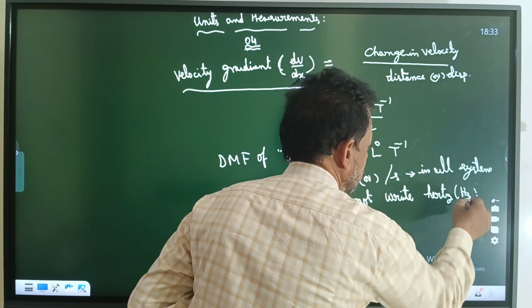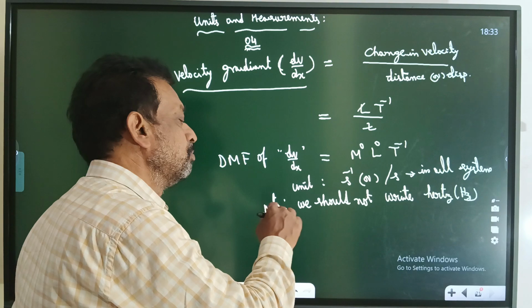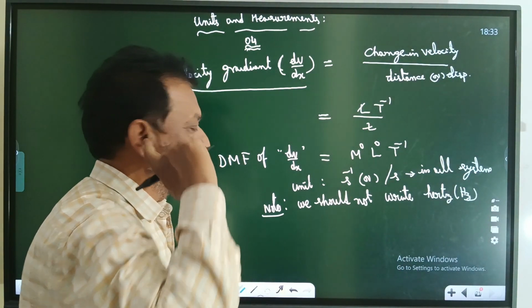Why not hertz? Because it is not coming to and fro. Once the velocity starts, the particle moves away from the starting point.